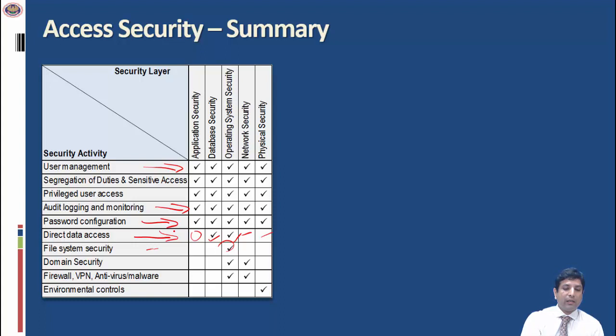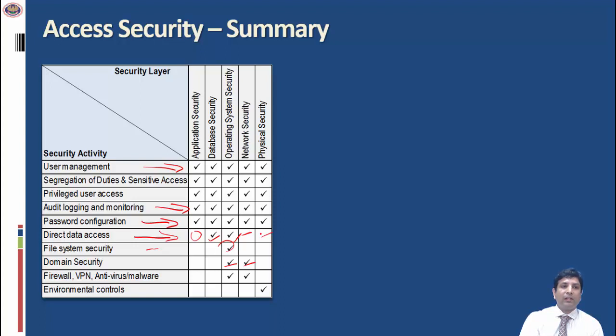Domain security is again relevant at the operating system layer because domain is typically implemented either in a Windows or a Unix environment. And the security of this domain is to control the access at a network layer. And that is why we say the controls are implemented both at the operating system layer and the network security layer.